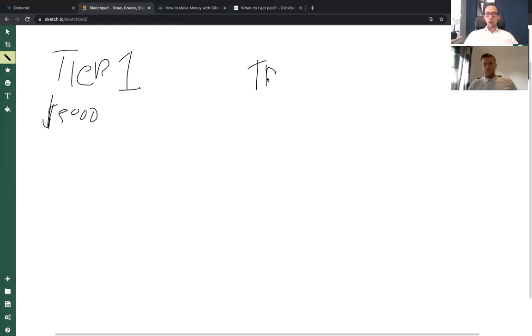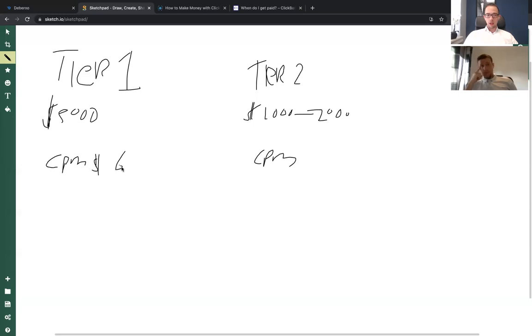Let's say tier 2. I wouldn't recommend tier 3 because that's a little too intense, but with tier 2, I would say you can get a long way with $1,000 to $2,000. Based on the CPM, the relative CPM here might be $5, $6, depending on the exchange. So let's say $6. And let's say the relative CPM here is a little bit lower, let's say $1.